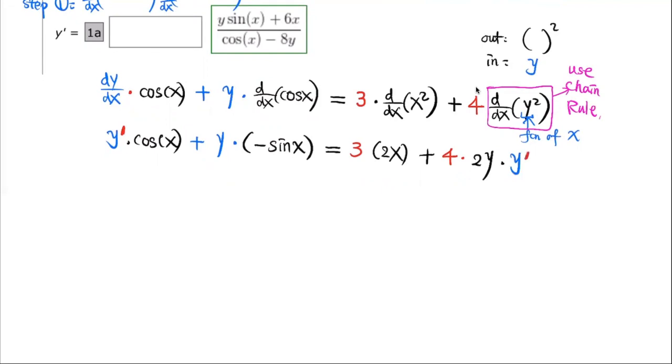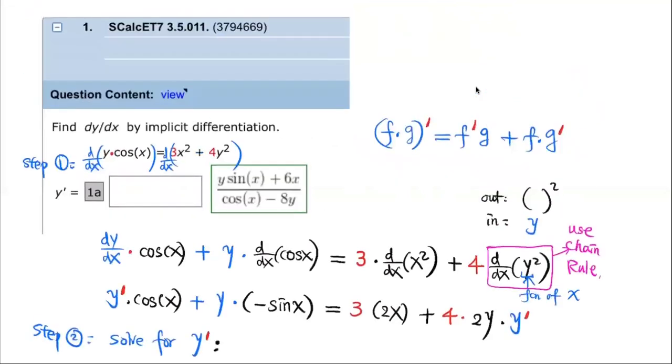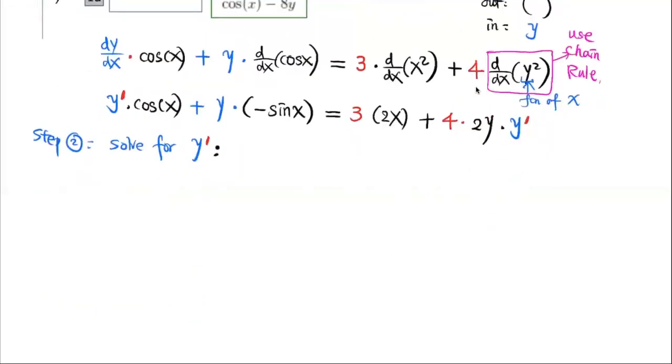So we're done with the first step. We could simplify this a little bit. And then the second step will be to solve for y prime. I see this one has y prime, and this one also has y prime.